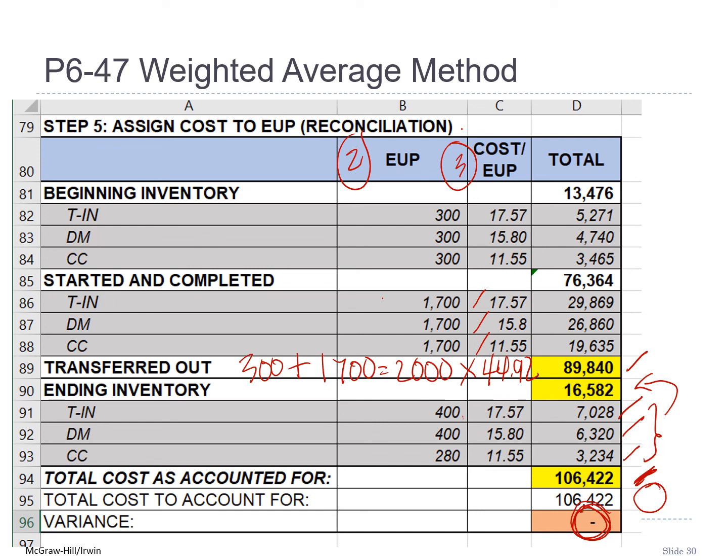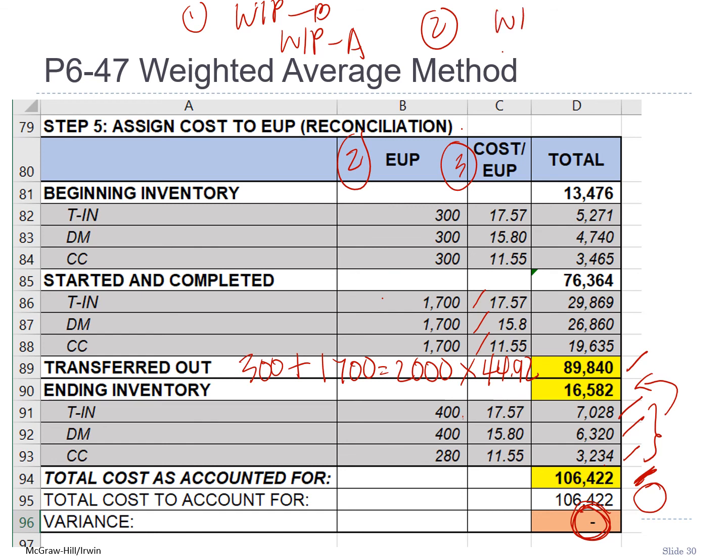So tama tayo. Ngayon, ang magiging journal entry natin dyan, so yung first journal entry natin will be yung debit ng WIP, Department B, credit ng WIP, Department A for the transferred out cost. Number 2 is the journal entry for the current cost. Take note for the current cost only.